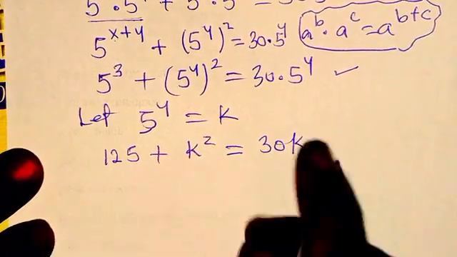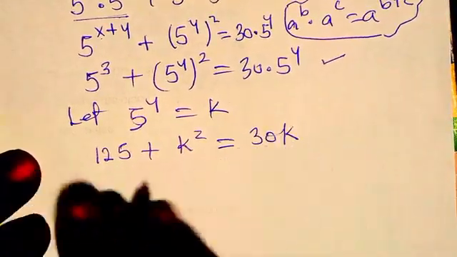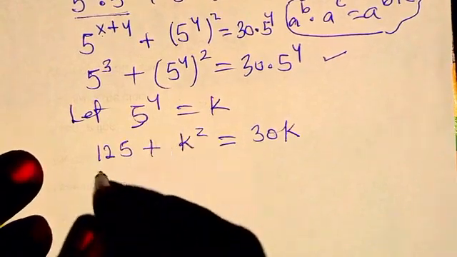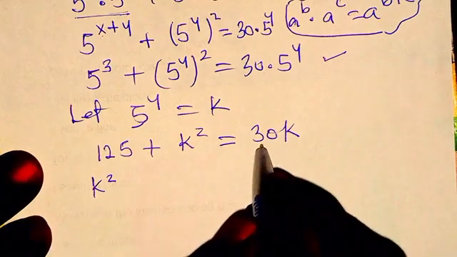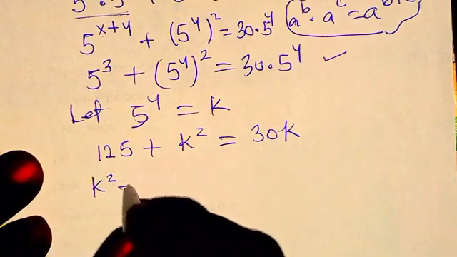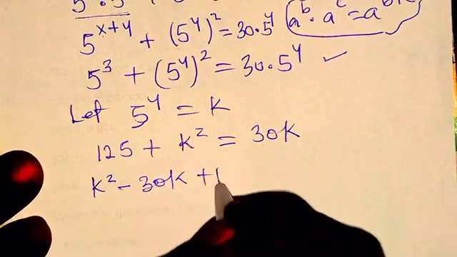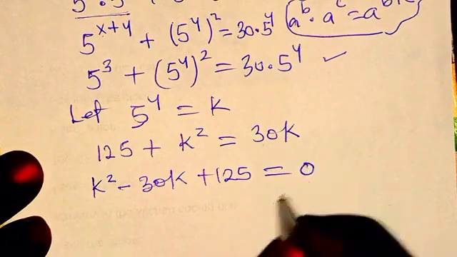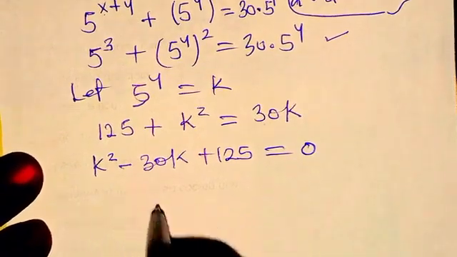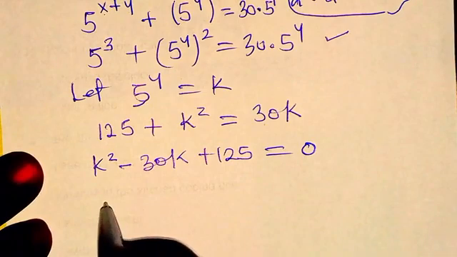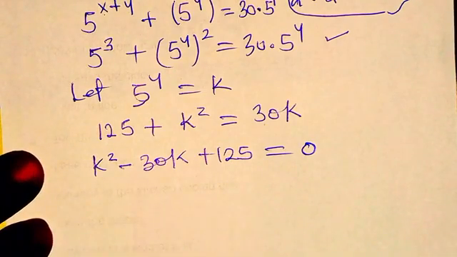We are going to rewrite this equation in the general form of a quadratic equation: k squared, we transpose 30k to this side to change to negative 30k, then we have 125 already, equals 0. Now we're going to solve this via factorization.